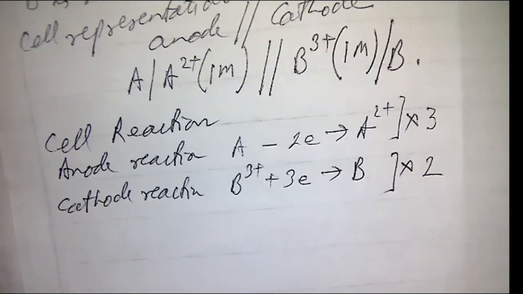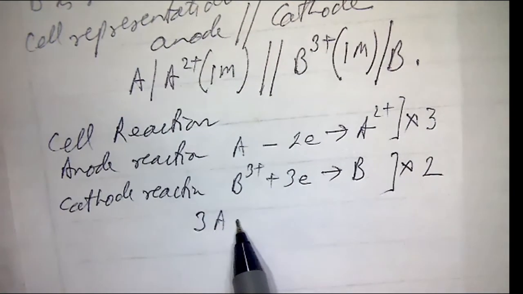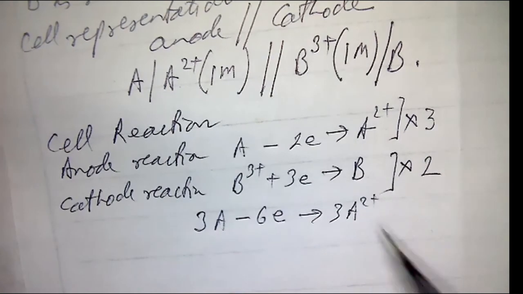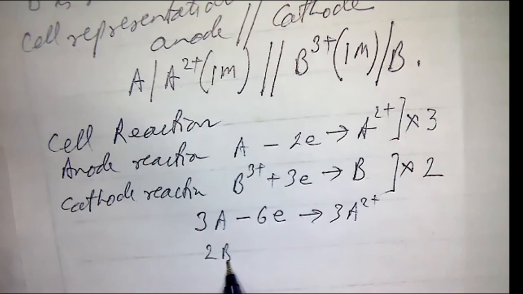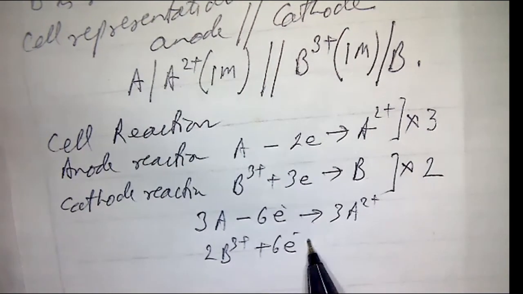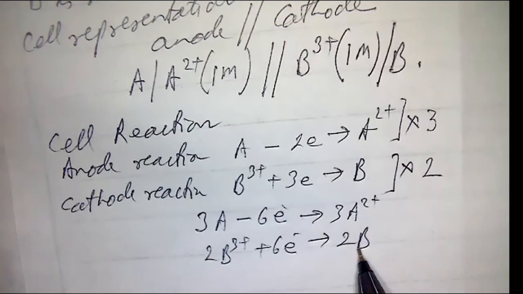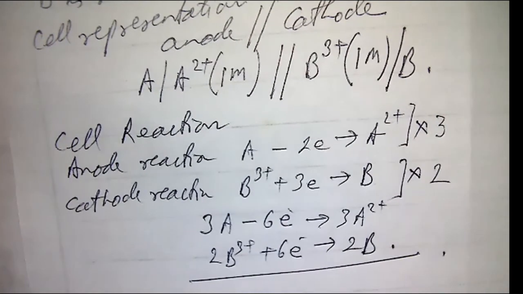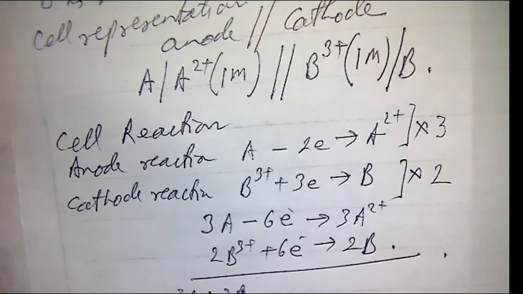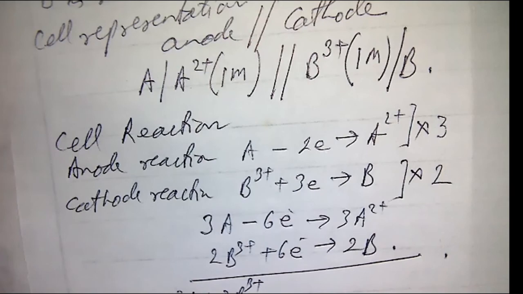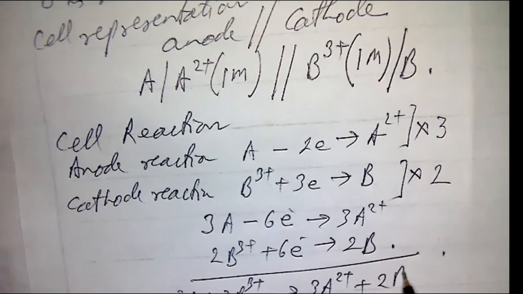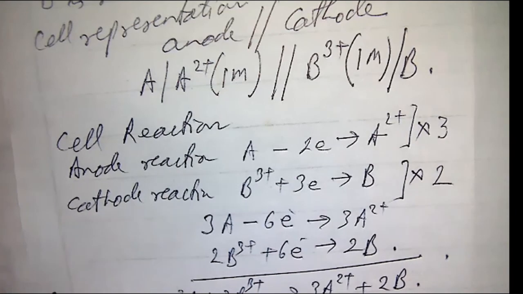So what will I get? 3A minus 6 electrons gives 3A2 plus, and 2B3 plus plus 6 electrons gives 2B.